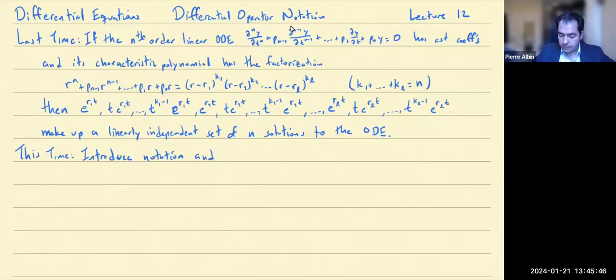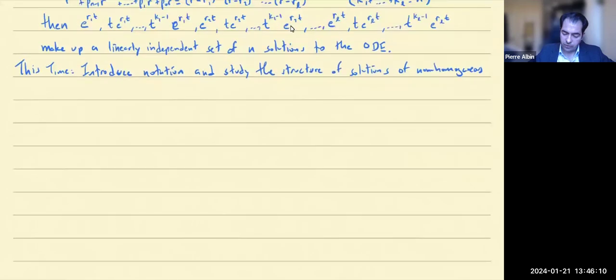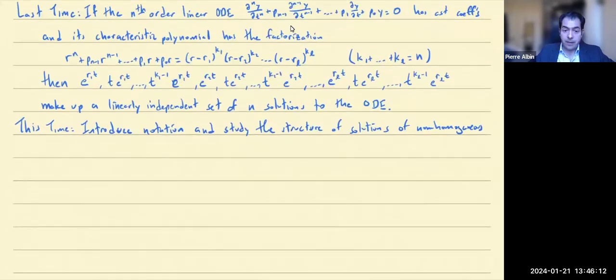And we want to study the structure of solutions of non-homogeneous linear equations with constant coefficients. Okay, so let's start with the notation.